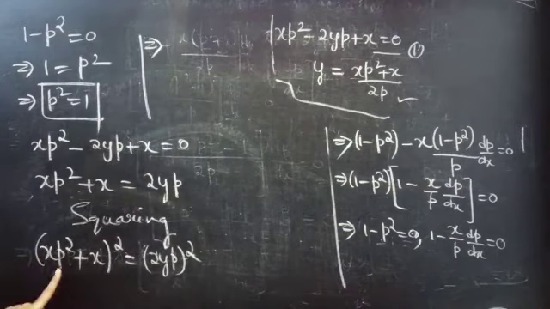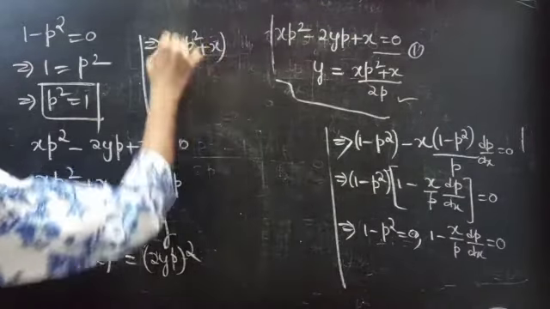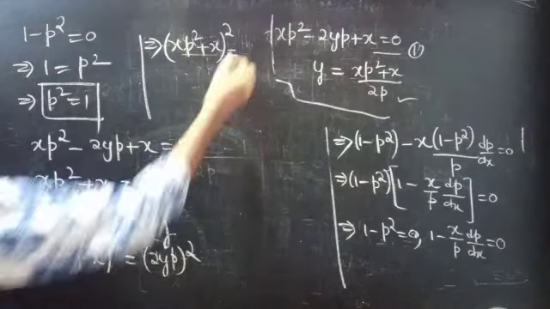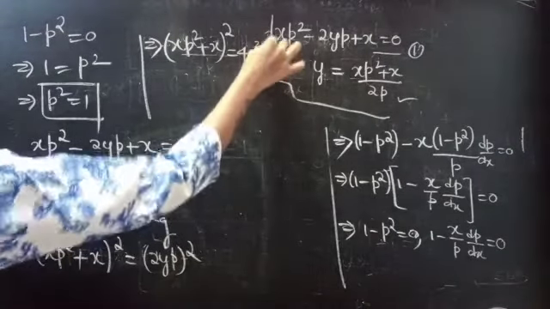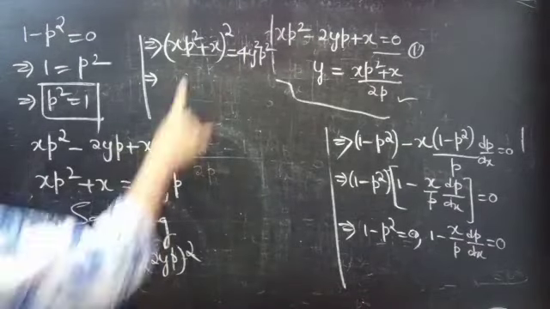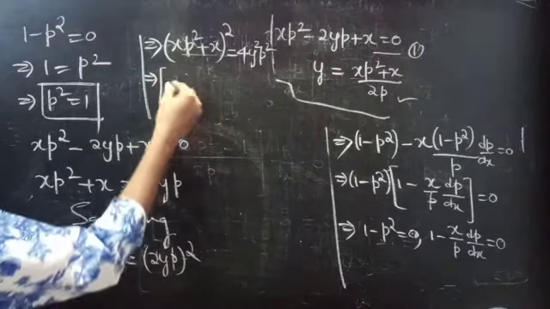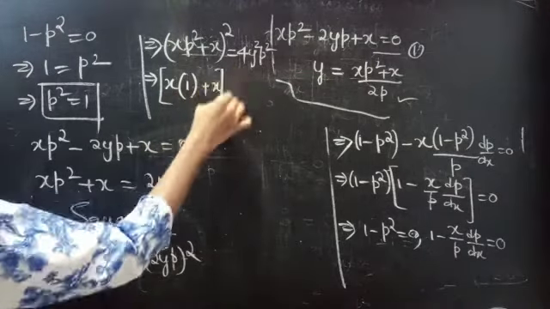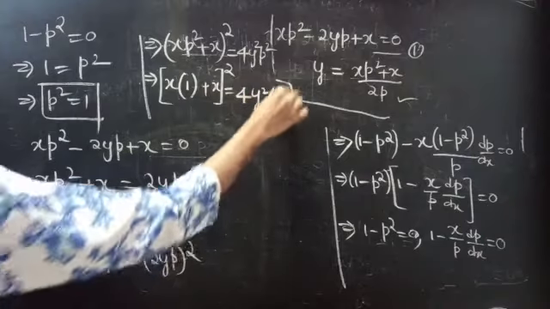Then (xp square plus x) whole square equals 2 square is 4, y square into p square. Now it's easy to substitute p square equals 1 in both the terms. Then you'll get (x into 1 plus x) whole square equals 4 into y square into 1.